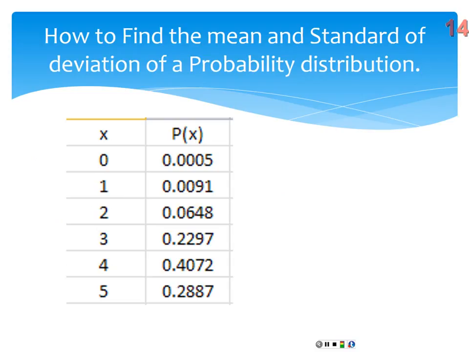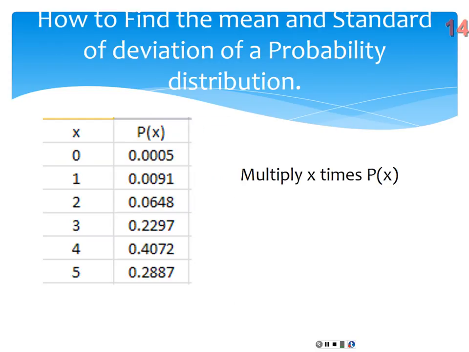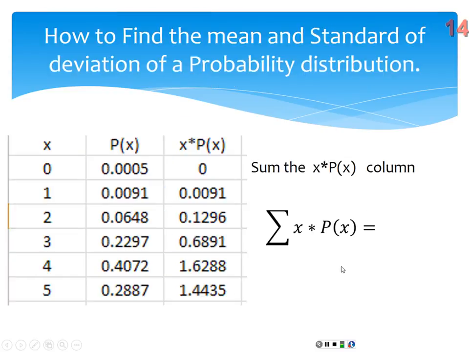If you want to find the mean and standard deviation of a probability distribution, the easiest way to do it is to use your calculator. Your steps are listed there on your handout for putting it in your calculator. If you want to find only the mean, then you can multiply x times P of x and add it up, which is what's being done here.